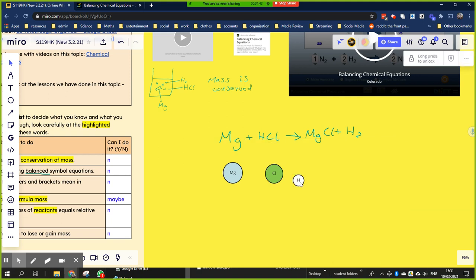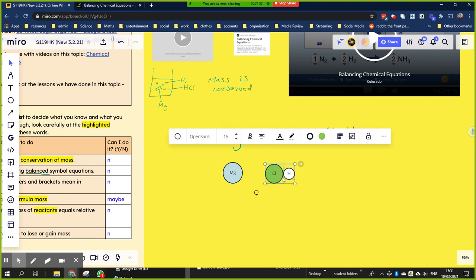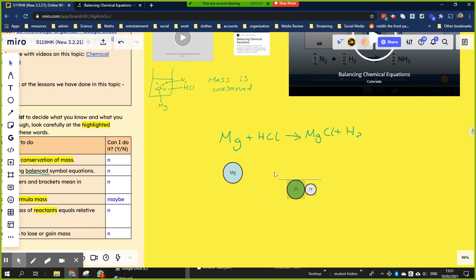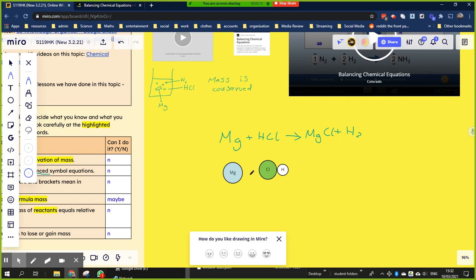Now, just to show you how to do this on Miro, you can stick them next to each other, hold Shift and draw around them, and click this button, and now they're grouped. So now this is what you call a molecule. A molecule is more than one atom bonded together in a group. It's not what we're looking at right now, but by the way, that's what a molecule is.